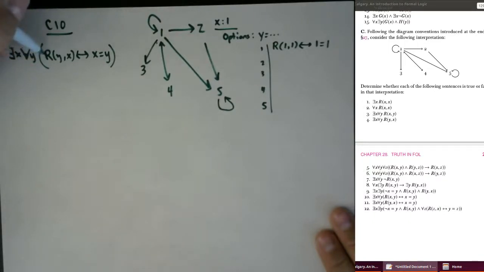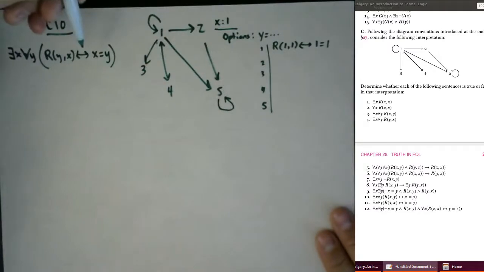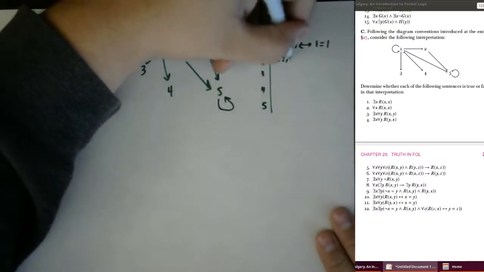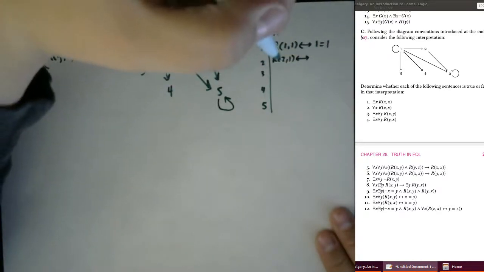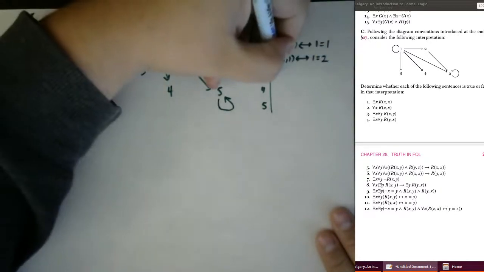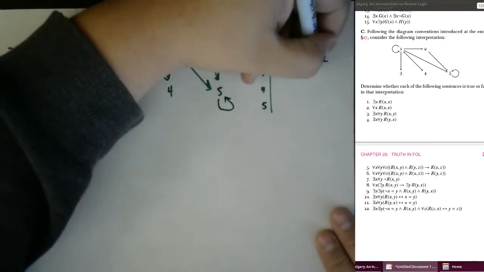If y were 2 and x were 1, then it would say R 2, 1, if and only if 1 equals 2. And then this would say R 3, 1, if and only if 1 equals 3.